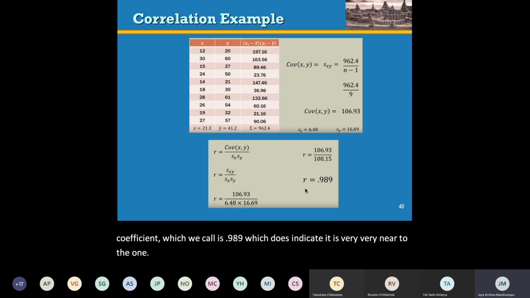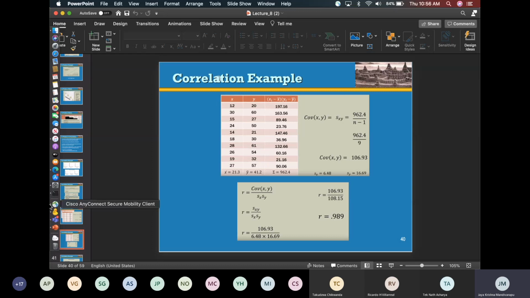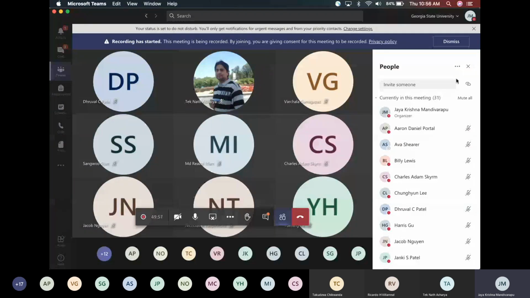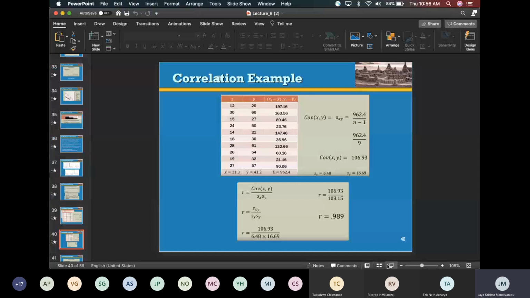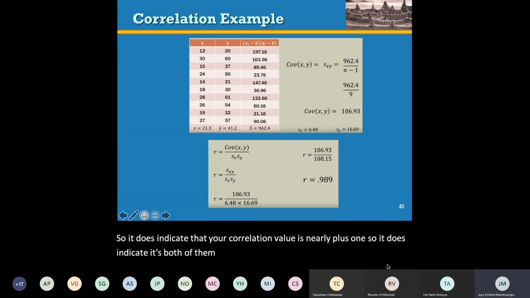So it indicates that your correlation value is nearly +1, which means both of them have a really good linear relationship.